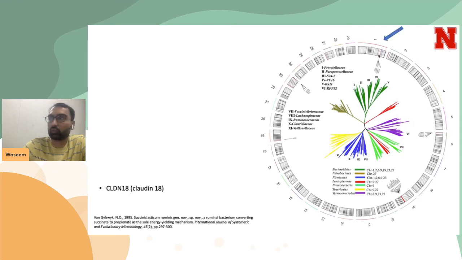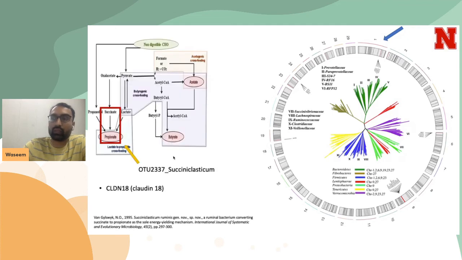For example, this region on chromosome number 1 has an association with different microbes, and it also has this claudin 18 protein. Then we looked at what kind of microbes are associated with this region. There was one microbe, Succiniclasticum, which plays a very important role in producing volatile fatty acids, from succinate to propionate.